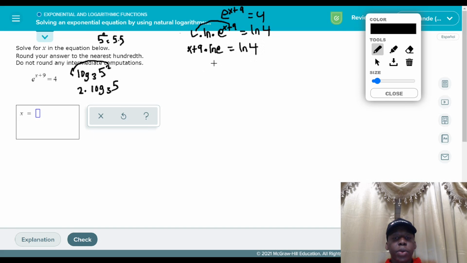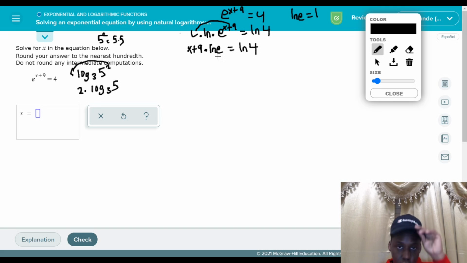Whenever we're dealing with ln e, this is very important. Whenever you see ln e, that always equals 1. I know so many people who come over here and get stuck and don't know what to do. Whenever you see ln e, it is automatically 1. So you just replace it with a 1.